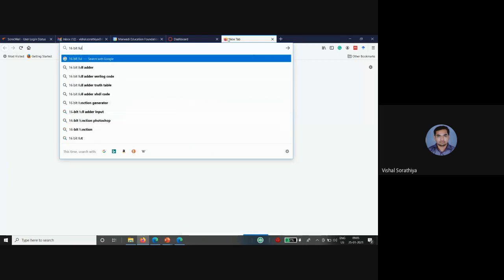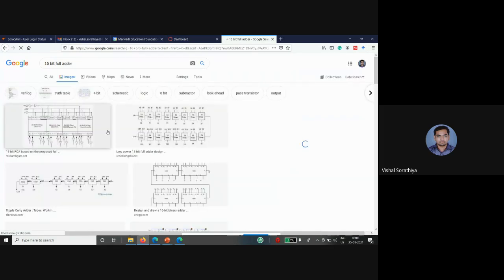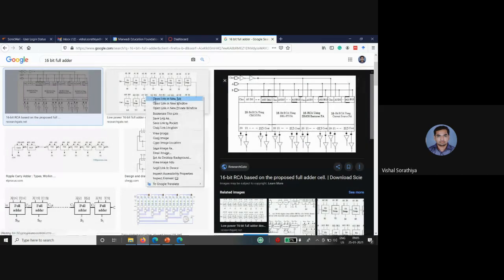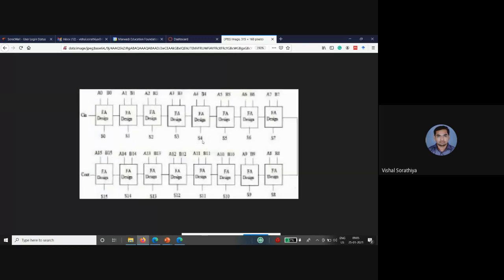16-bit full adder circuit. If you simply search on the internet, you can get the idea of what a 16-bit full adder is. That 16-bit full adder will look like this. There are 16 different blocks of full adders, and in every one they have 3 inputs: A0, B0, C-in, and output S0.